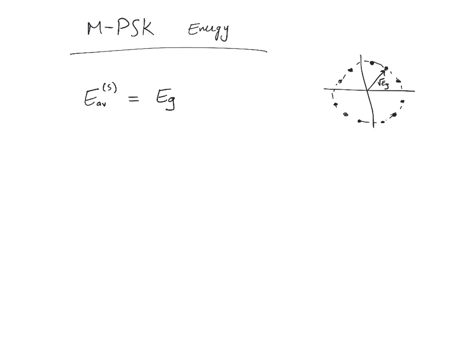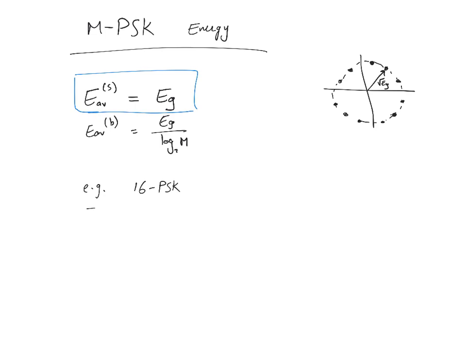And again, E average per bit is equal to E average per symbol divided by the number of bits. So it's basically Eg divided by log to the base 2 of M, right? And this is very easy to calculate. So let's take an example, 16 PSK.